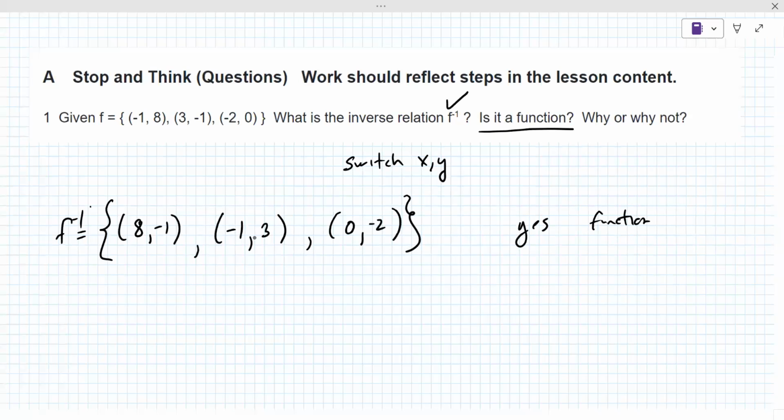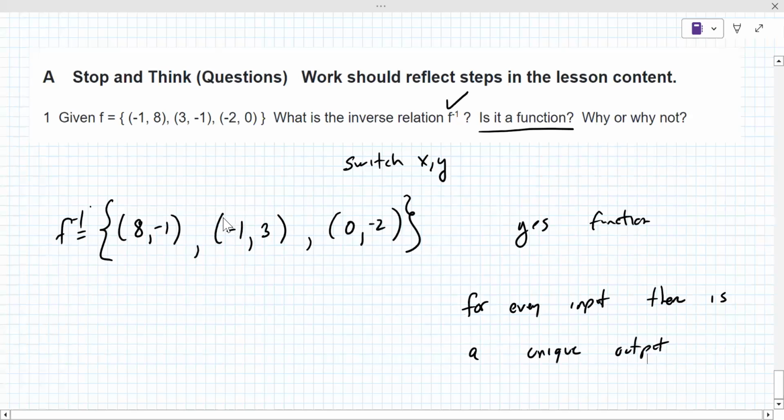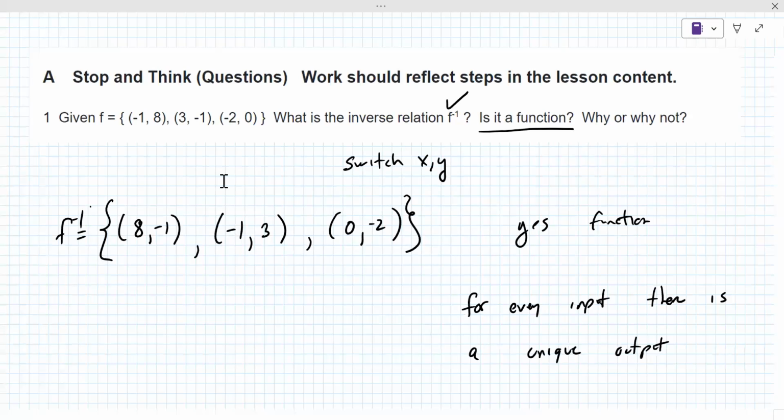And the reason why is for every input, there is a unique output. Okay. Got it? Yeah, got it.